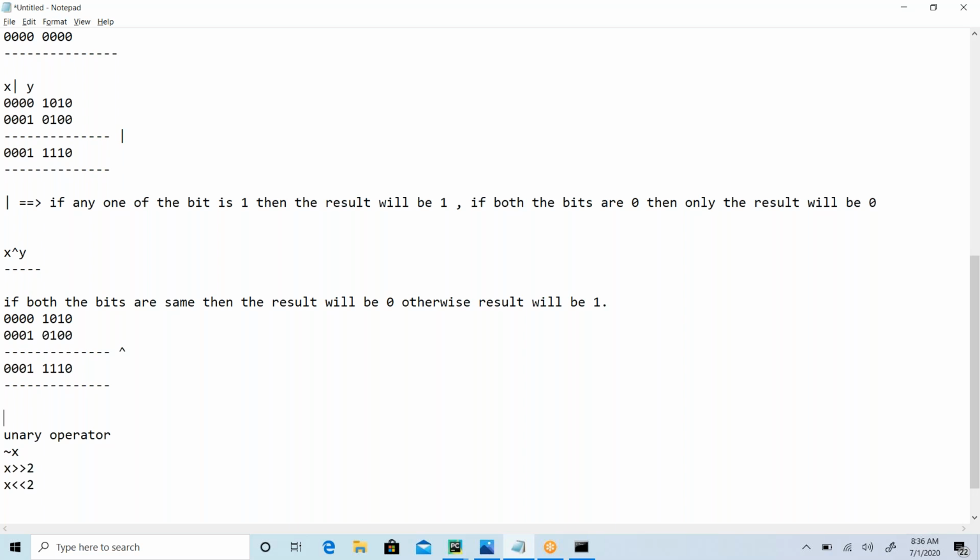Maybe antivirus software, such kind of things. So there the bitwise operations will be helpful, but not in general web application development.